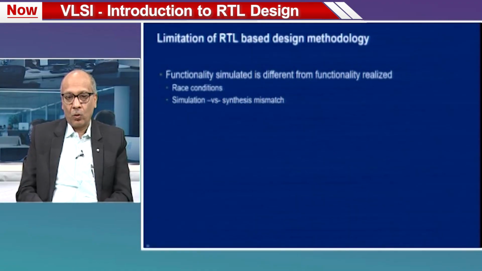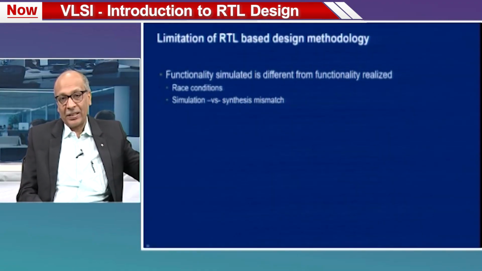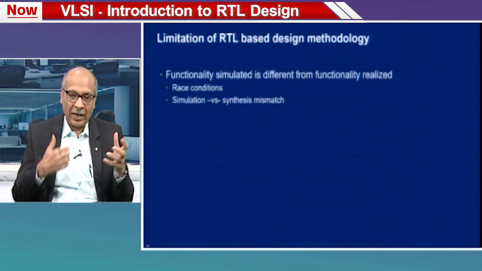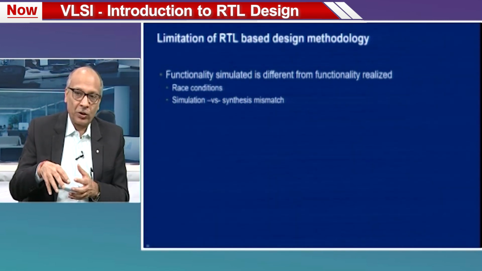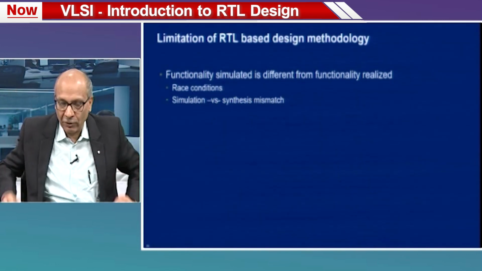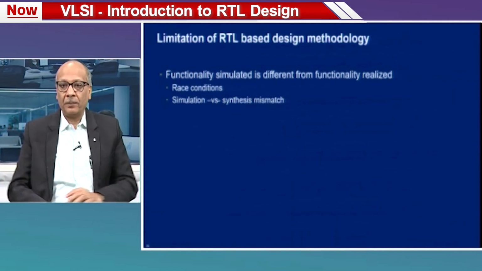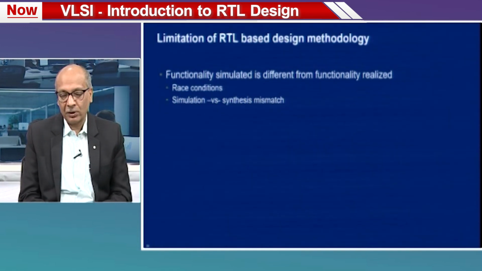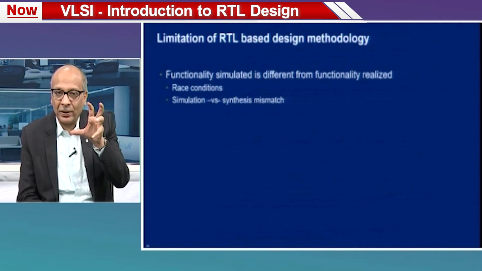So, the functionality that we realize in the gate level netlist after synthesis could be different from what we had seen during simulation, right. We simulated, we verified a functionality, we were happy. Now, we went to synthesis, and synthesis gave a gate level netlist, and that seems to have a different functionality. Why could it happen? It could happen because of what we call race conditions, which typically means the code has not been written correctly.